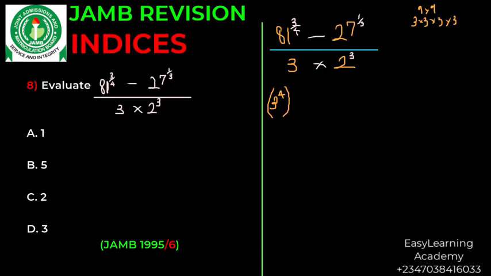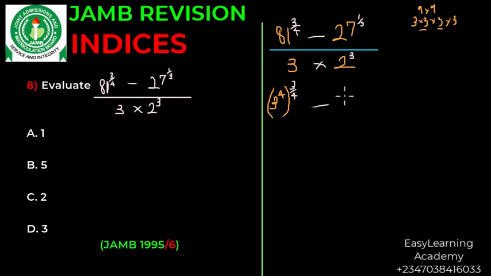Since we've done that, we don't need to ignore the original power, which was 3 over 4. Then our subtraction sign, and how about 27? Let's also break 27 down. 3 times 3 is 9, and 9 times another 3 is 27.